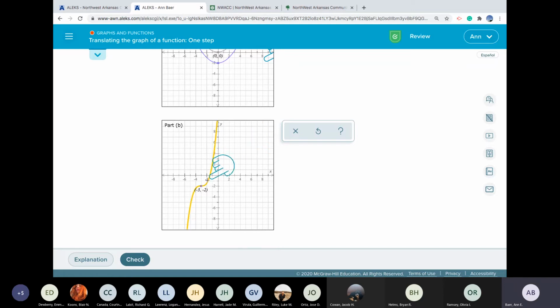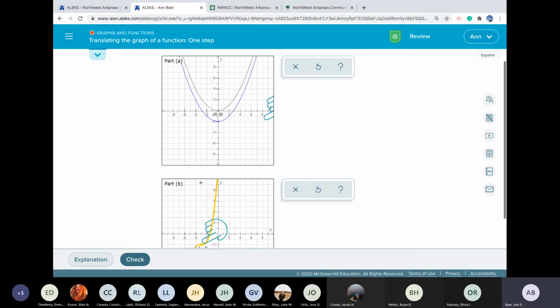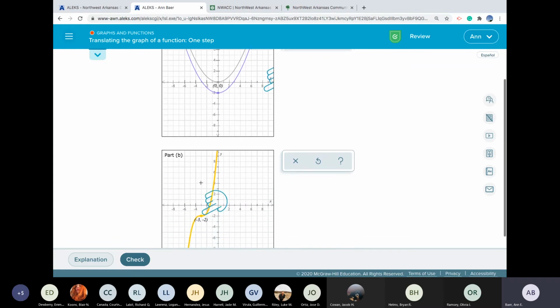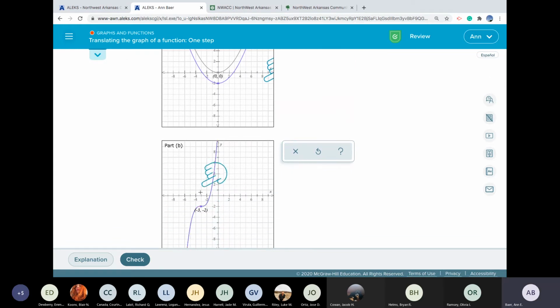So we're going to pick up this point here. And we want to go in the positive x direction, 5 units. So we are at -3. And if we go to right here, we're 3 units. So we want to take -3 and add 5.